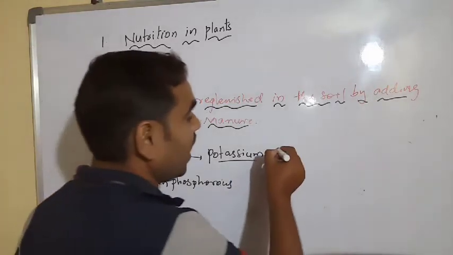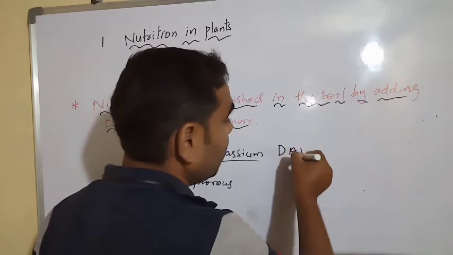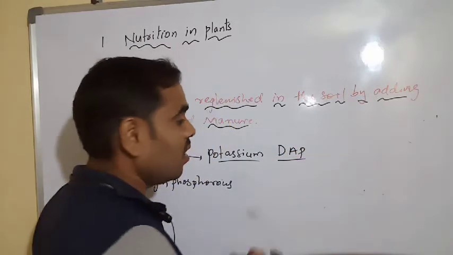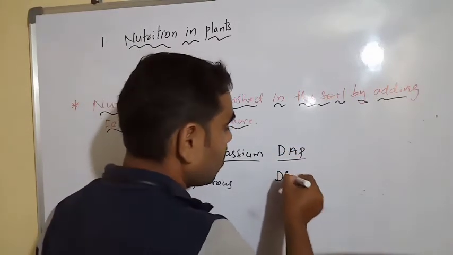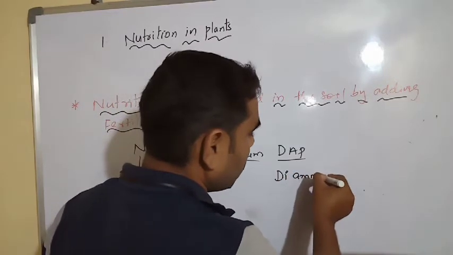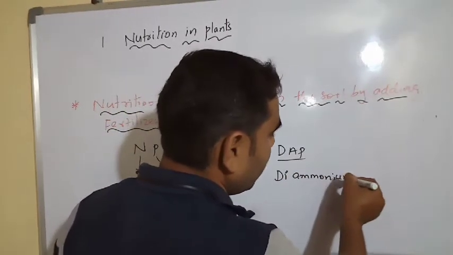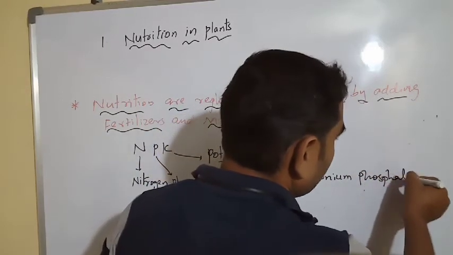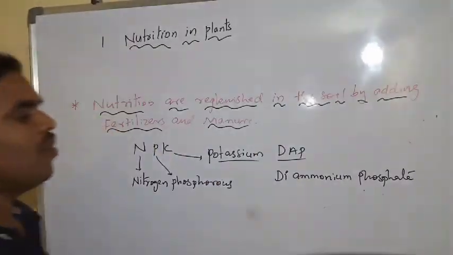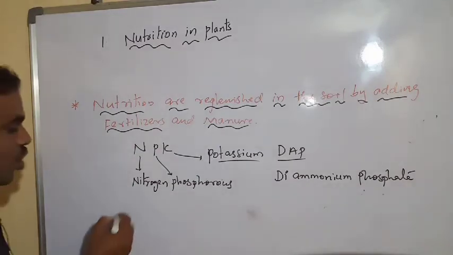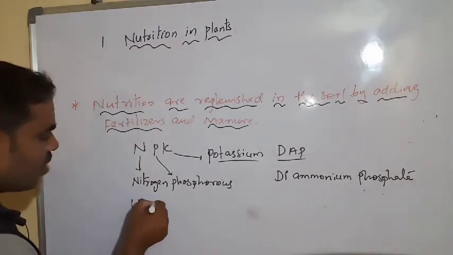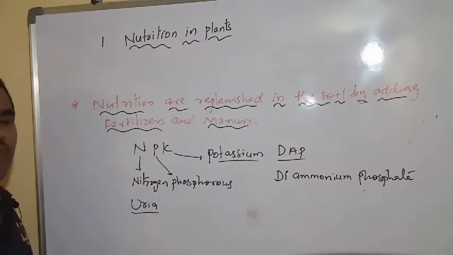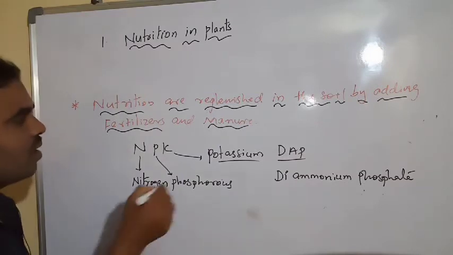Next, we are adding DAP. DAP is diammonium phosphate. Urea is also added to our field.